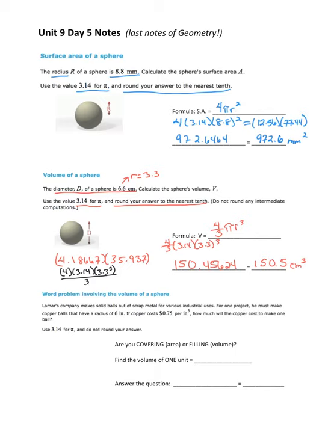So if you want to do it that way, it's sometimes a little clearer. 4 times 3.14 times 3.3 cubed. That gives us 451.36872 over 3, which is 150.45624.